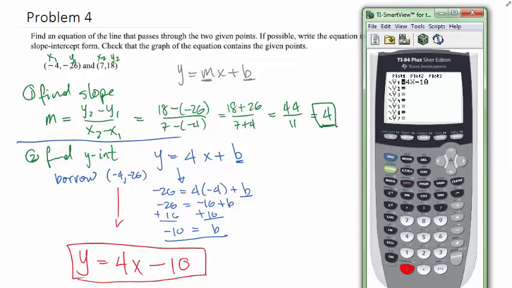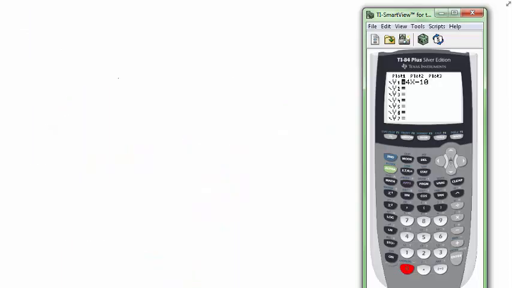Now we want a graph that includes negative 4, negative 26, and 7 in the x, 18 in the y. So I'm going to set up my window. I'll go one less than negative 4, so negative 5, and the negative sign is this minus sign. My max goes up to 7, so I'll go to 10.